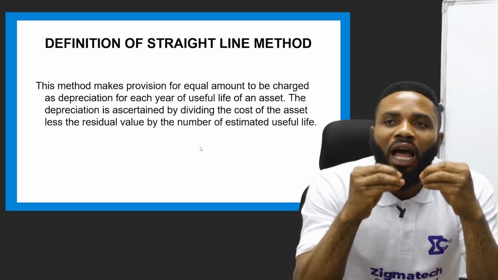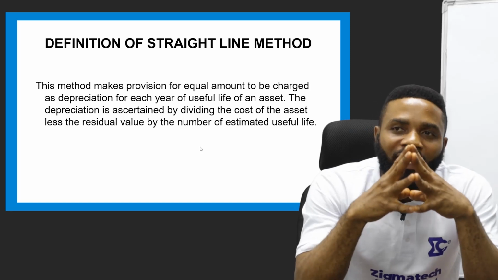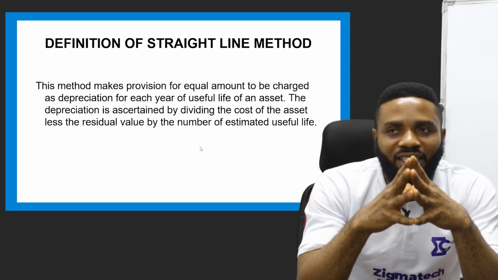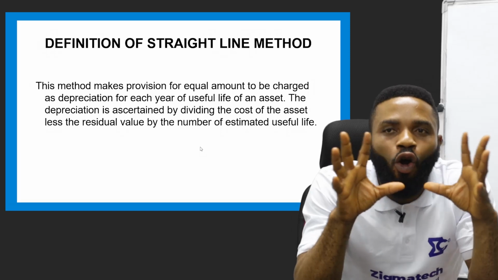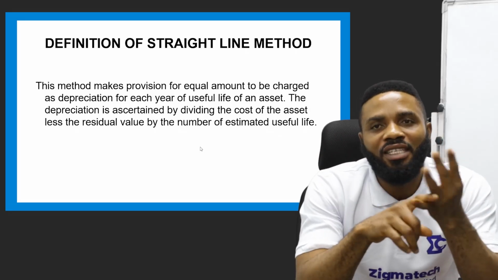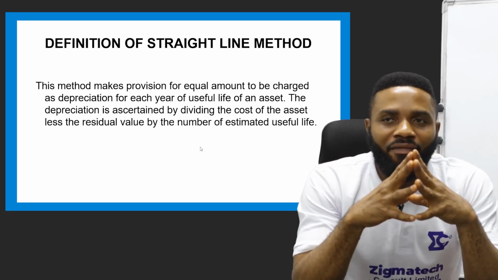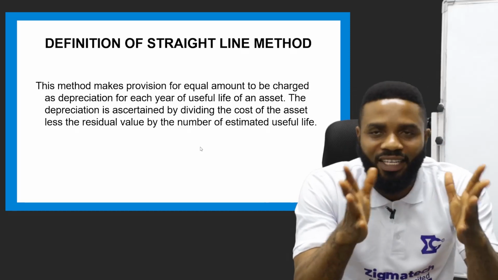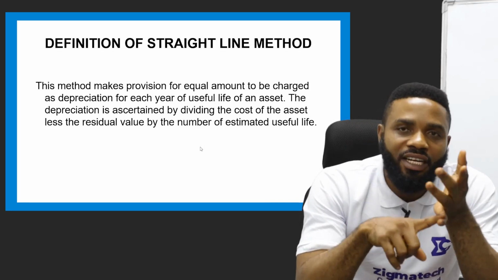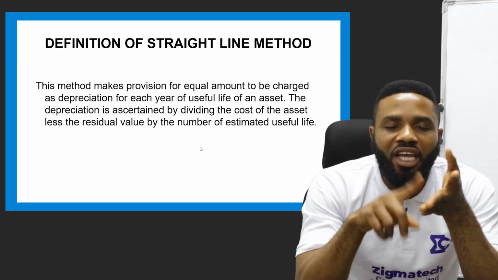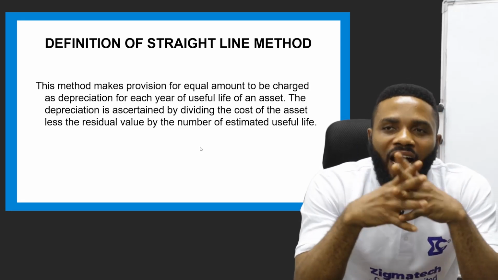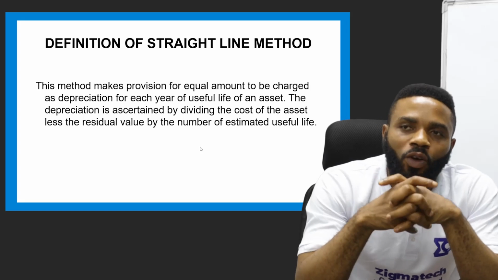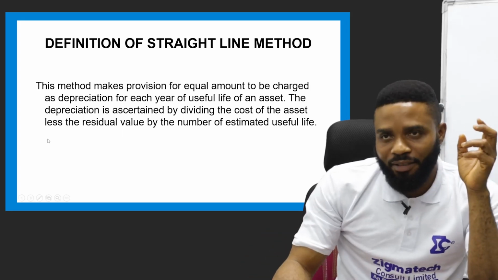When we say equal amount, we are talking about the amount charged being spread all over. For instance, if 10,000 is arrived at as the depreciation of the asset for the period, that 10,000 will be charged in year 1, year 2, year 3, year 4, down to the end of the useful life of the asset.